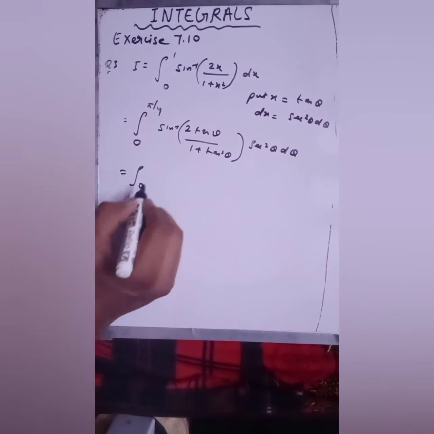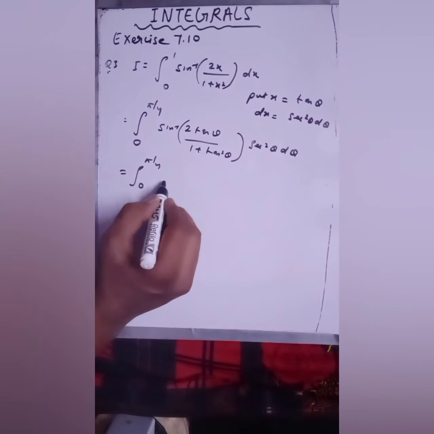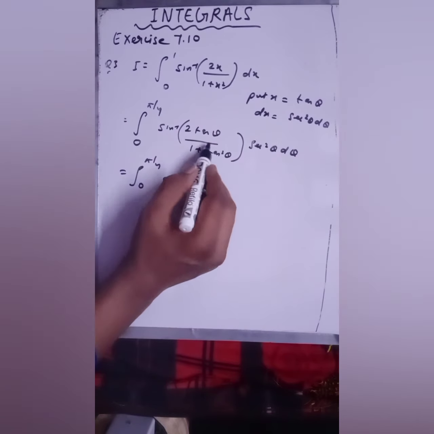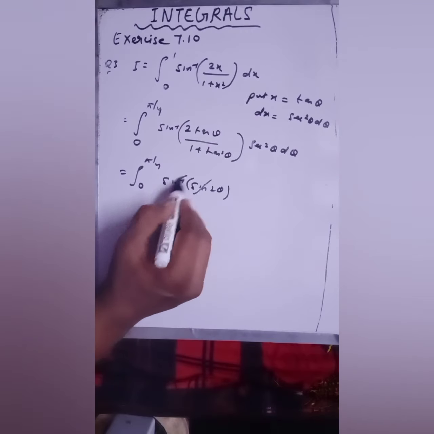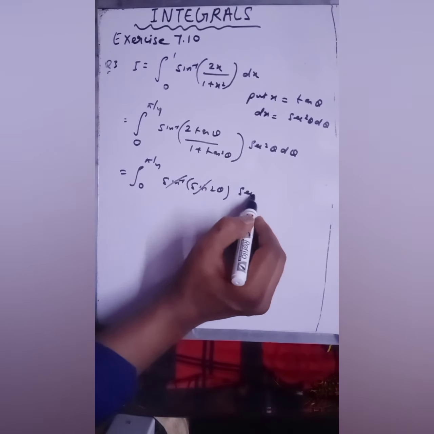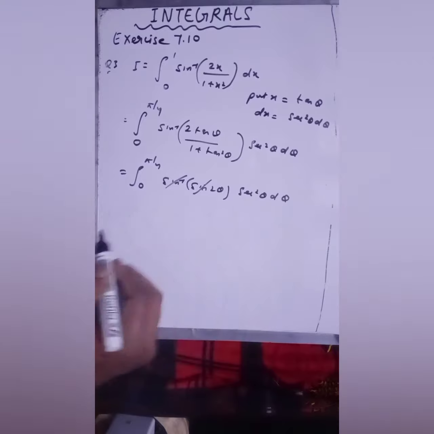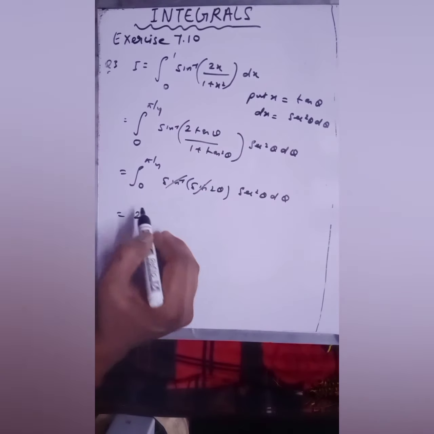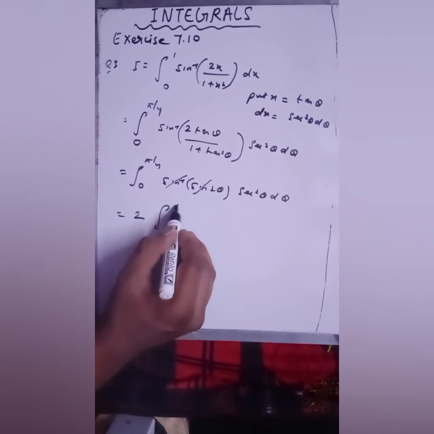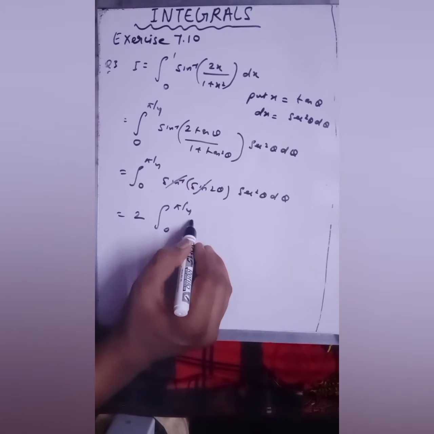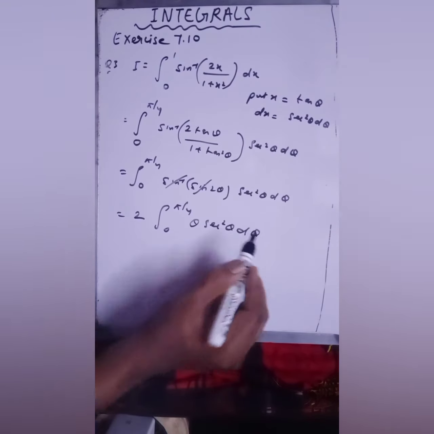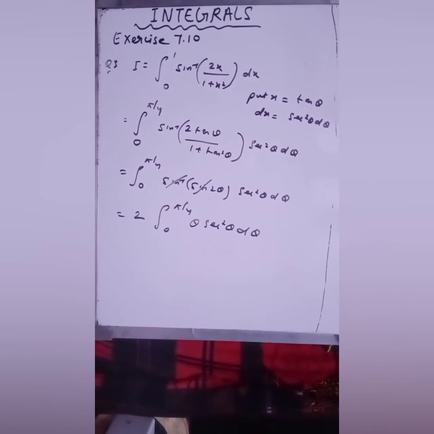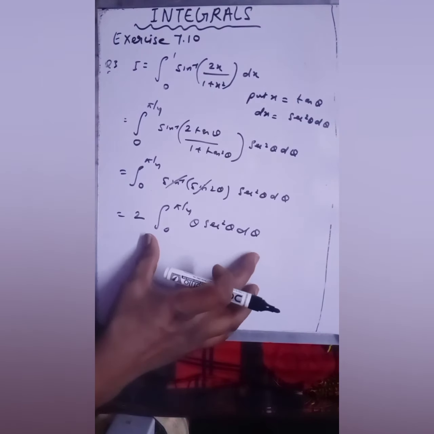So this is 0 to pi by 4, and this is sine inverse, and this is the formula of sine 2 theta. This sine and sine inverse will cancel out, and here you have this. So this 2 will come outside, and this is 0 to pi by 4 theta sec square theta into d theta. Got it? I think up to this step, this question is clear.